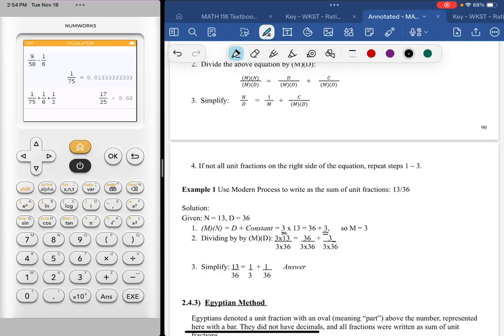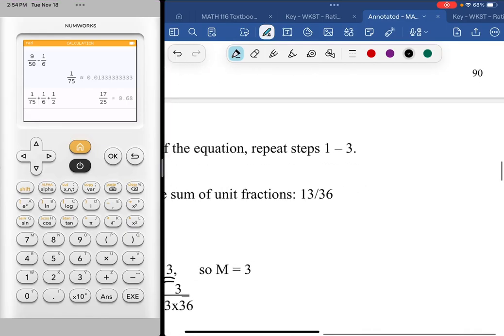I think it would probably make more sense if I just took you through the whole process again. So we have 13 over 36. We need that m value, all right? So again, it's 3 times some value, 1, 2, 3, that has to be greater than the target number, 13, 26, 39.